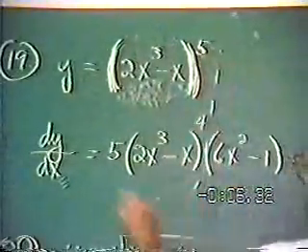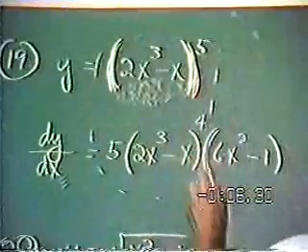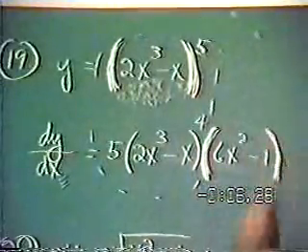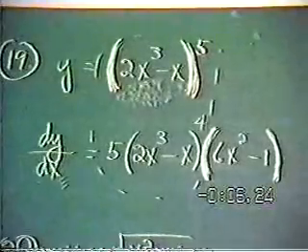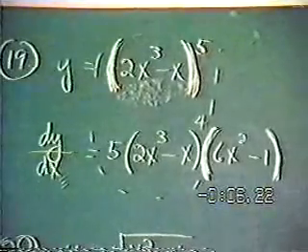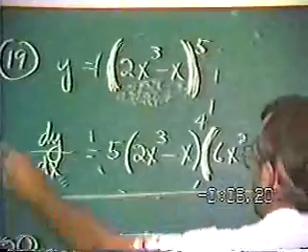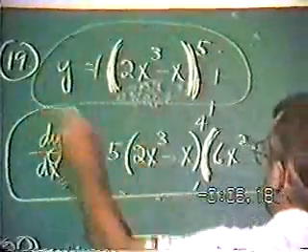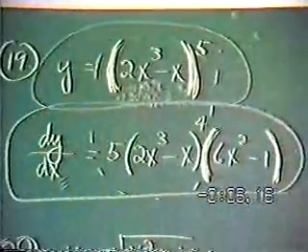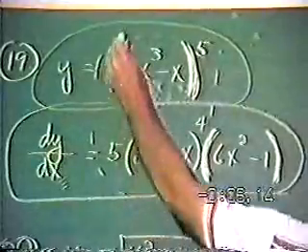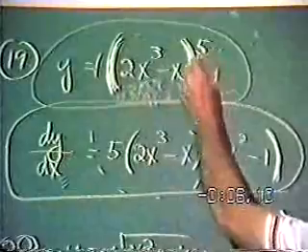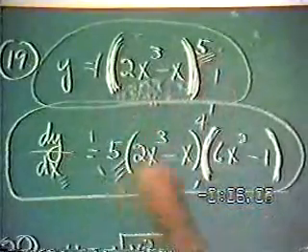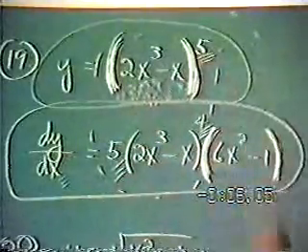And you write all that down. Then it's times the derivative of the inside, du dx. And that is what the chain rule, the power rule, is all about: anytime you take the derivative of a parenthesis, then you do the power rule on the parenthesis times the derivative of the inside.